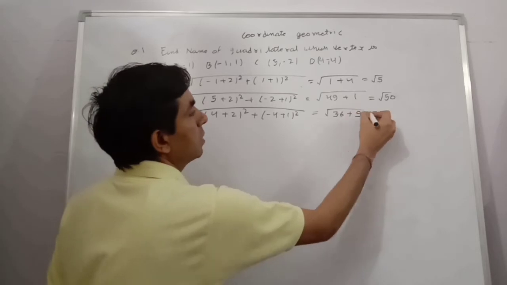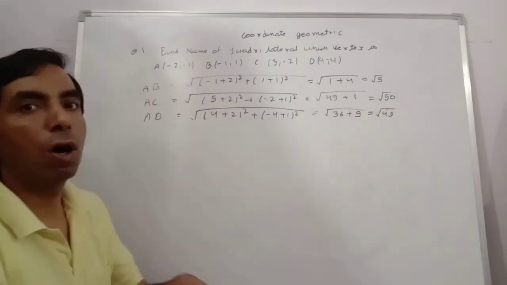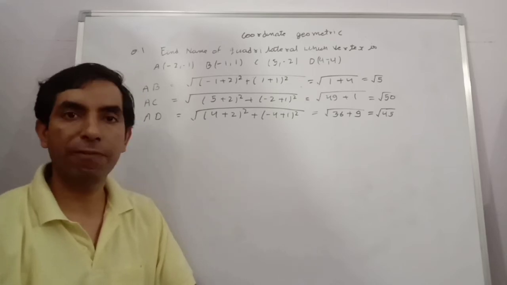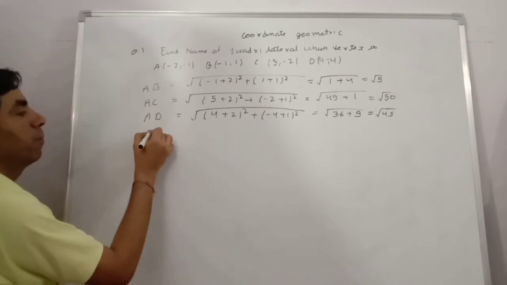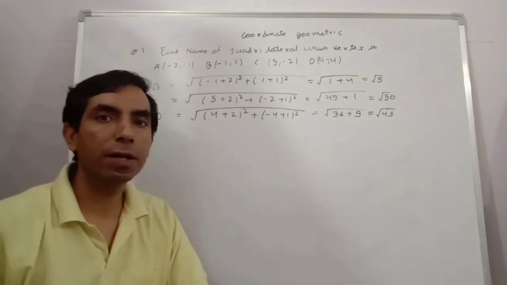So 36 plus 9 is root 45. Here we find that the distances from point A to the others, AB, AC and AD, are all different.